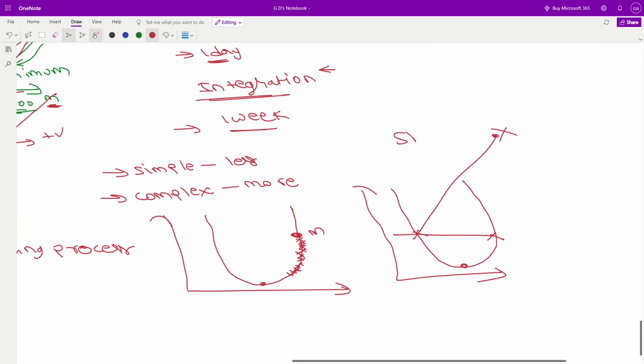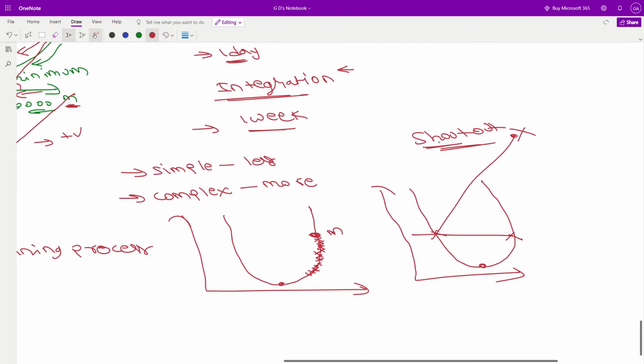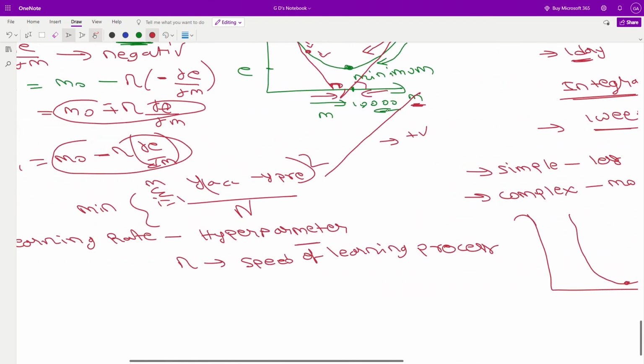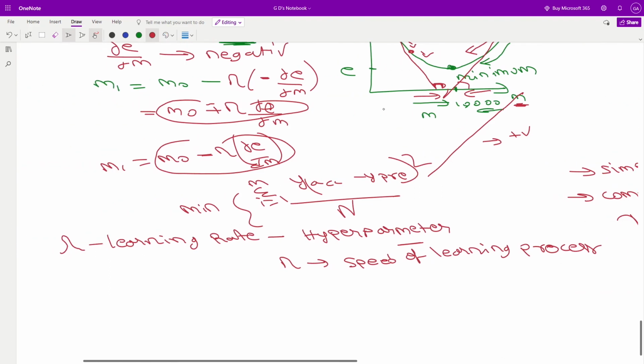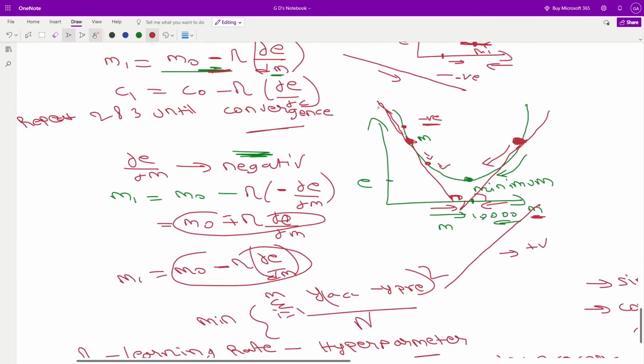This problem is called the overshoot problem in machine learning. So that is the main problem with a very high or very low learning rate. It is not good to give either. Depending upon your data set and its complexity, you should choose your learning rate intelligently through various iterations.